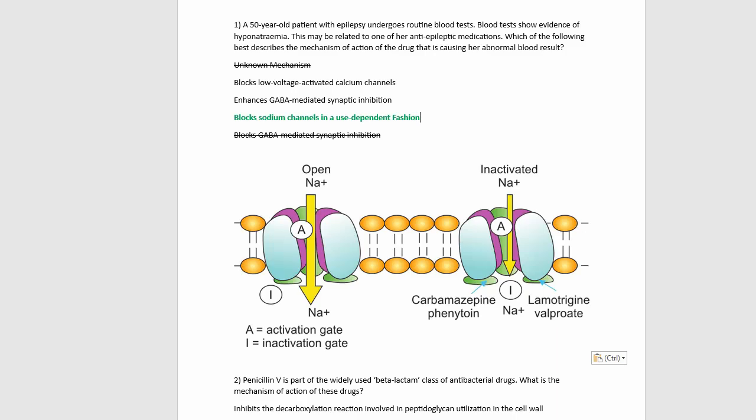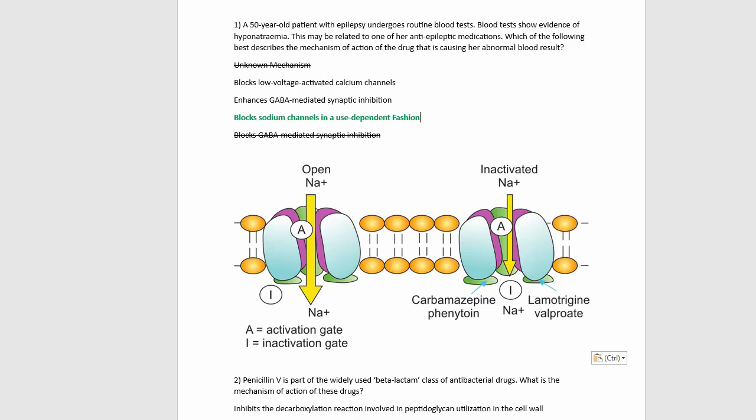Now, this drug is well known to cause hyponatremia. Carbamazepine, as we can see here, acts on the voltage-dependent sodium channels, which carry inward membrane current. By doing this, this drug reduces the likelihood of developing an action potential.